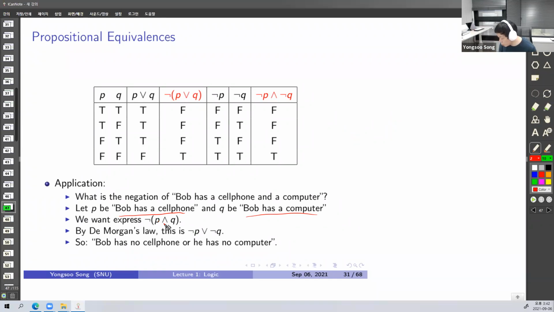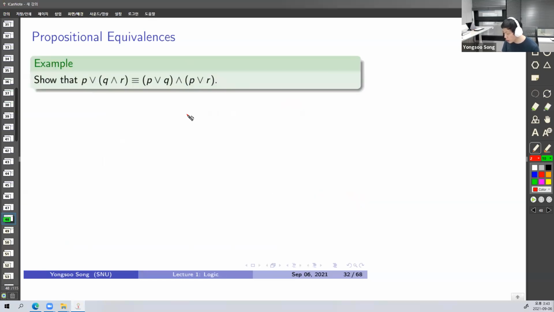When you want to express the negation of this proposition, P or Q, it is equivalent to not P and not Q, as we observed above. If we translate this into English, it becomes bypass no cell phone and no computer. In fact, this is called De Morgan's law, and I'll show you later.